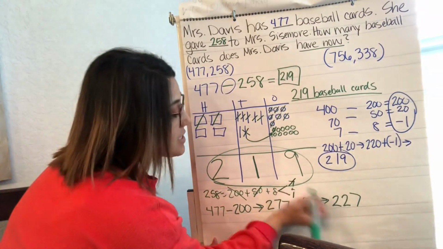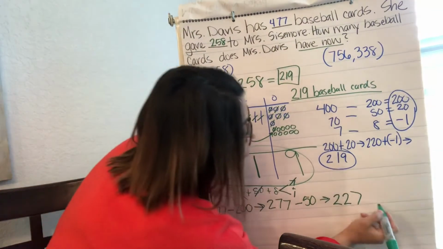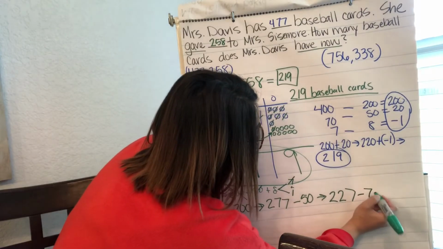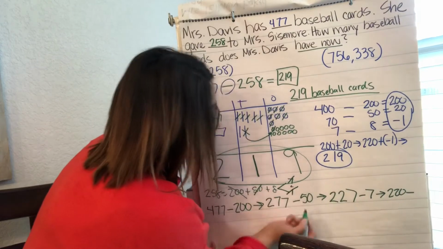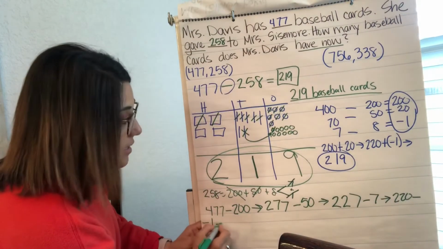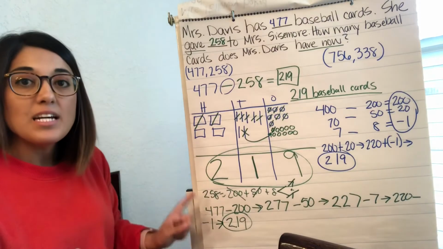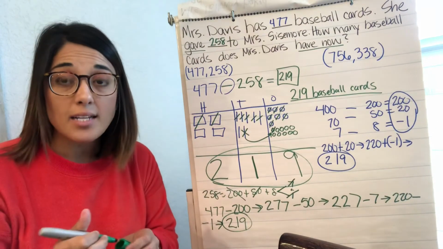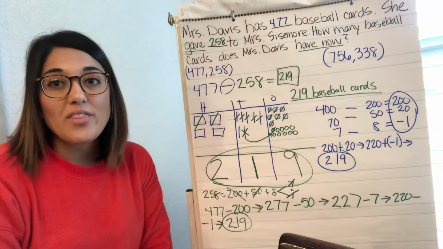I'm going to take away the 7 first, and some of you may see why. It will get me to a friendly number quick. So 227 minus 7 gets me to 220, and then I just have the 1 left, minus 1 gets me to 219.